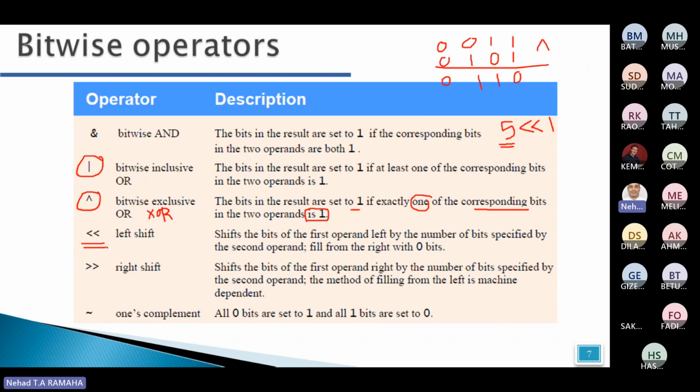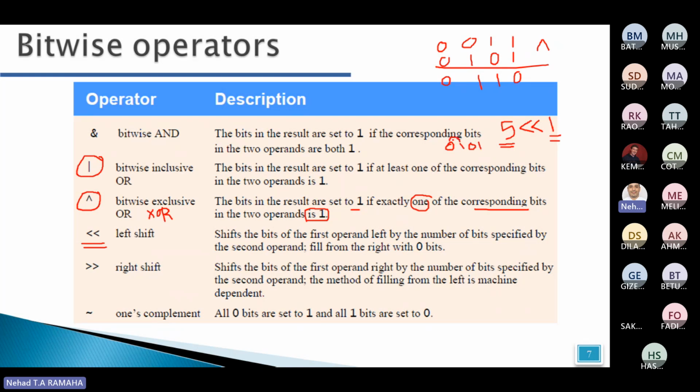So if we shift one digit, two digits, or three digits, it means filling by zeros, depending on the shift. For example, here, 5, which is 1, 0, 1. If we shift it by one digit, all the digits will be shifted.